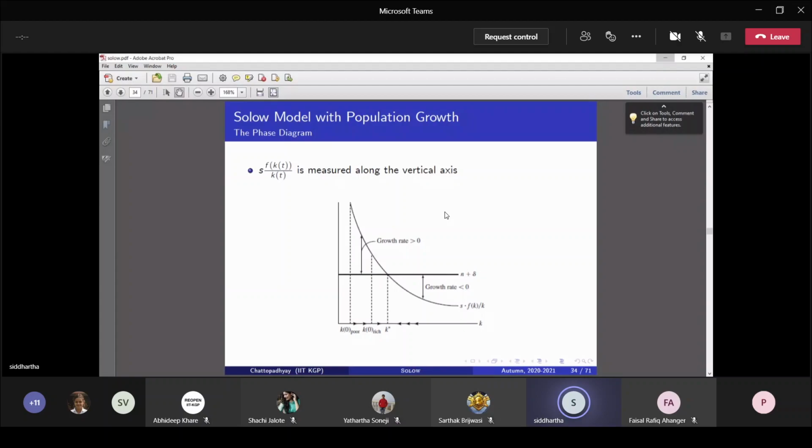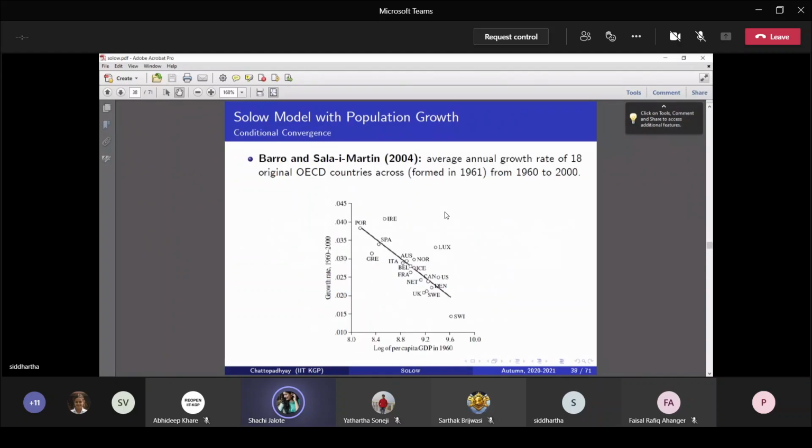Okay. Any further question? So the graph that was there for the non-homogeneous countries, are we going to discuss it again tomorrow?